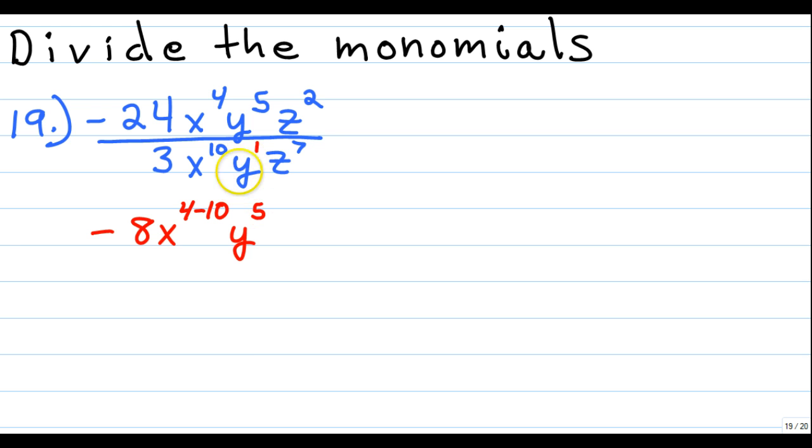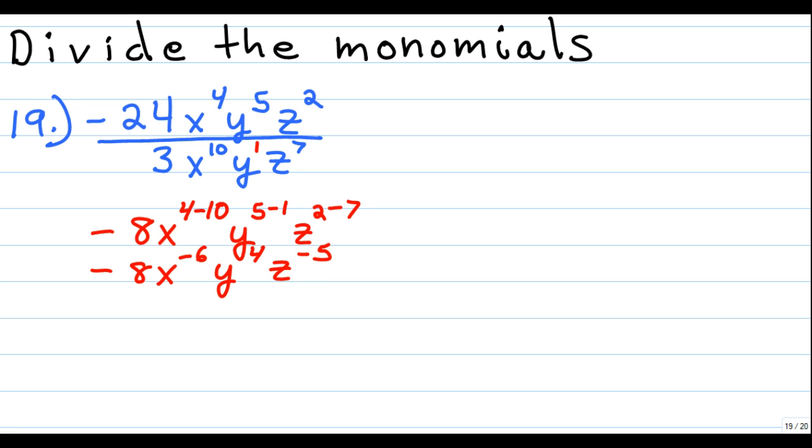Even though we don't see a 1 on the y, there is a 1 present, minus 1. And then from the z position, we're taking the 2 minus the 7. So when we simplify this, we end up with a negative 8x raised to the 6th power, y raised to the 4th power, and a z raised to the negative 5th power.